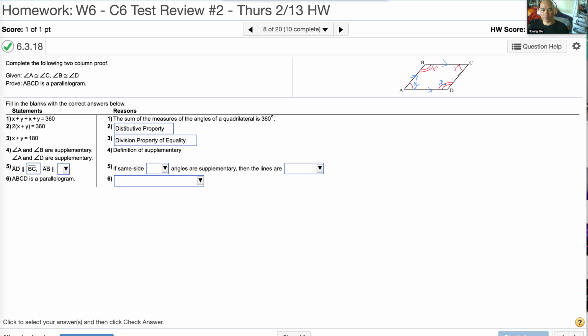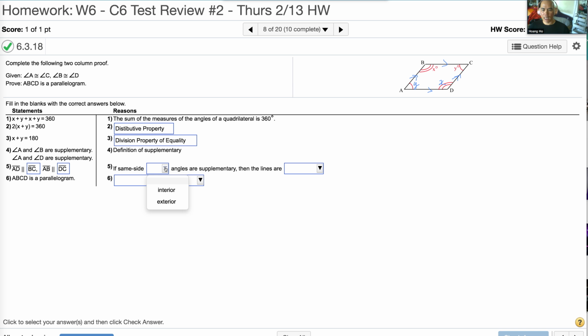Two arrows, two arrows. So over here, AB, DC. Okay? What's the reason here?